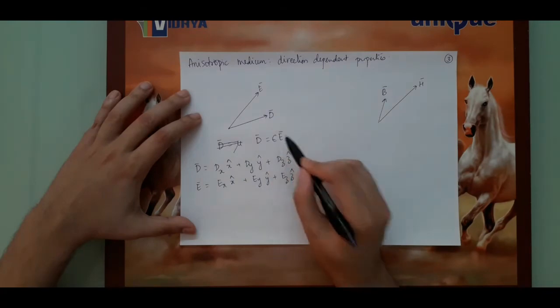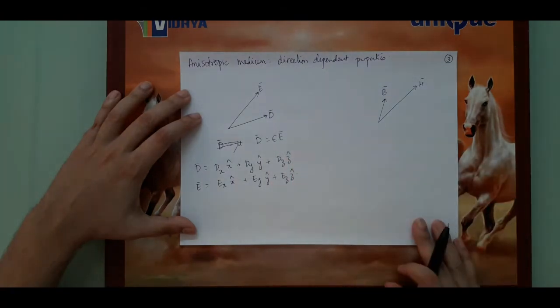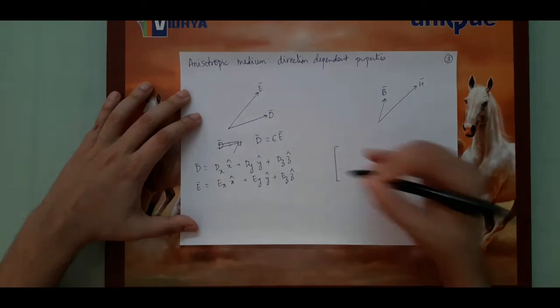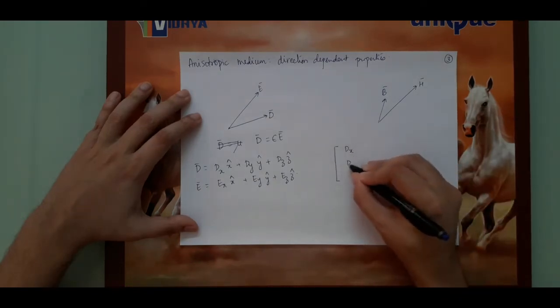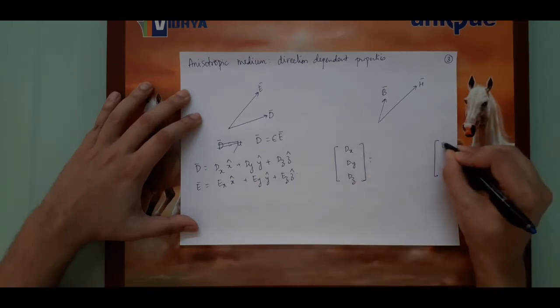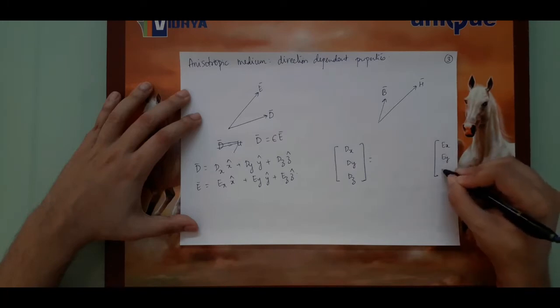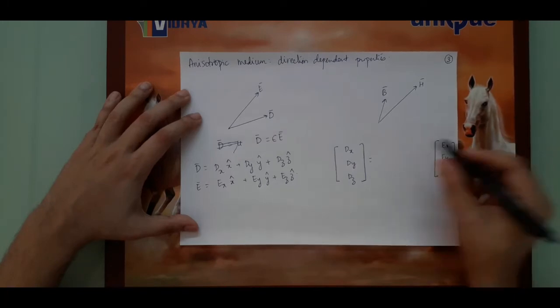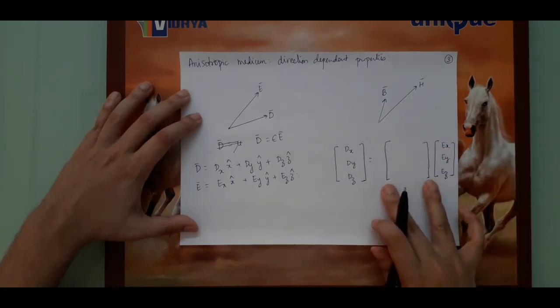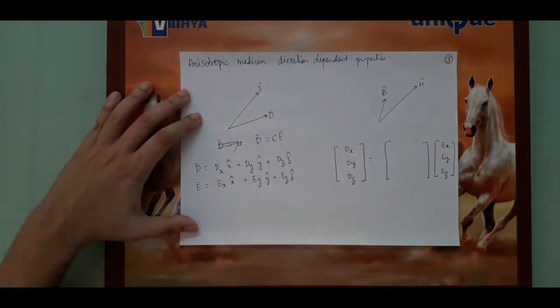Since both D and E are vectors, epsilon cannot be a vector, no matter whether it is isotropic medium or anisotropic. So what essentially happens is that we write this relation in the form of a matrix. So we say the Dx, Dy and Dz components are related to the Ex, Ey and Ez components, where this matrix, which I have not yet filled, denotes epsilon.